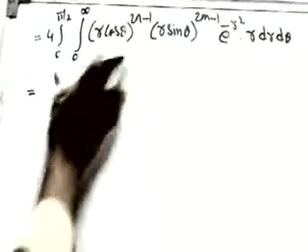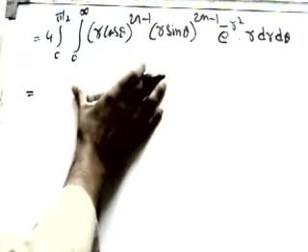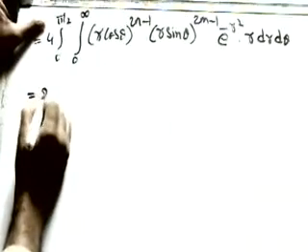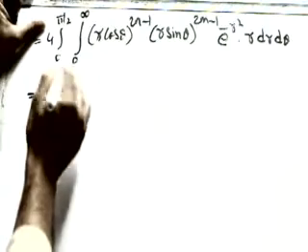Now see here, the next step is very important. I'm changing this into two integrations. Let me separate the theta. This 4 I'm writing as 2 into another 2.